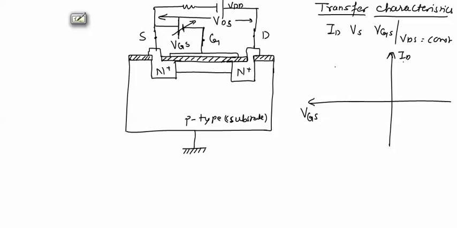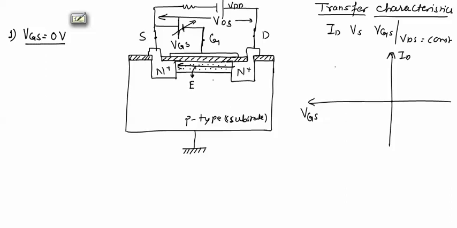First case, if VGS equal to 0 volt, then the voltage between source and gate terminal will be 0, and as this is n-type material, in this n-type material there will be electrons, and these electrons will flow under the effect of electric field which is developed by this voltage VDS.